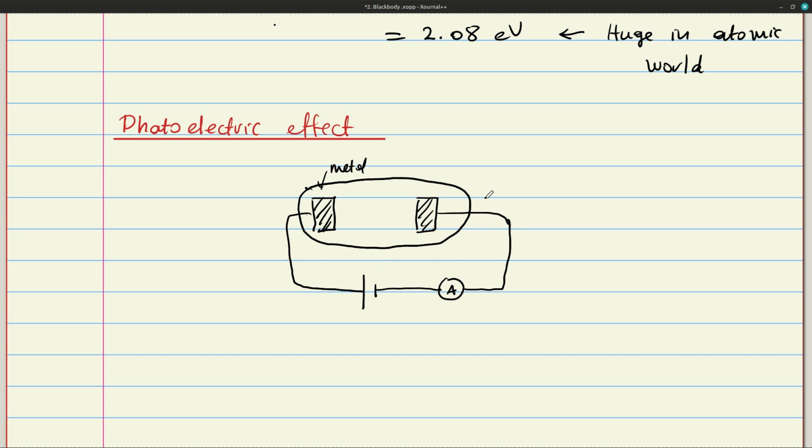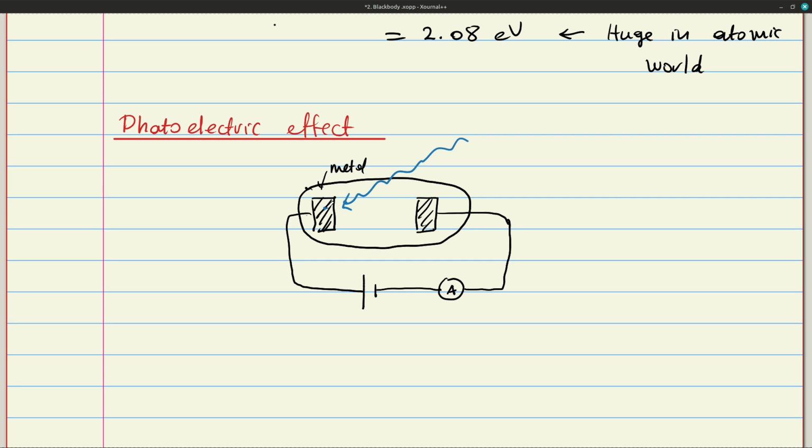So what happens is light comes in, and it knocks out electrons. What is a metal? A metal is an object full of electrons, by definition. And for something to be a metal, electrons should be mobile. And if electrons move, you can actually move them out of the metal too.